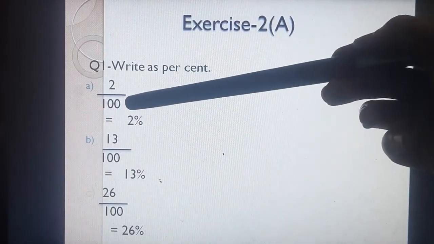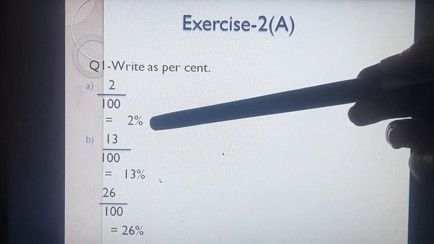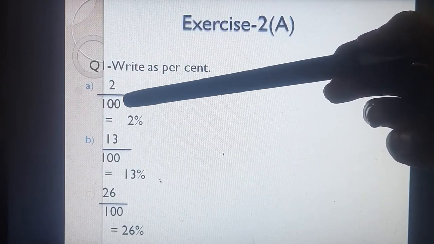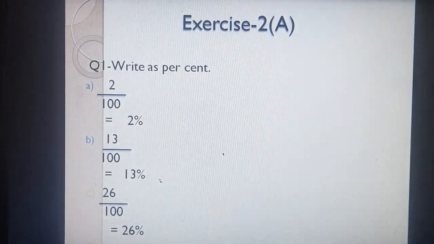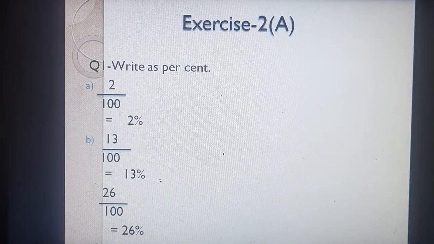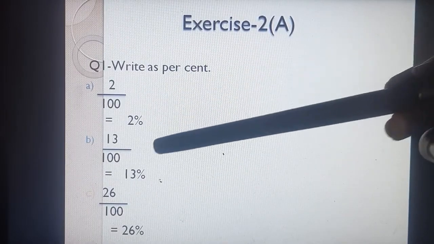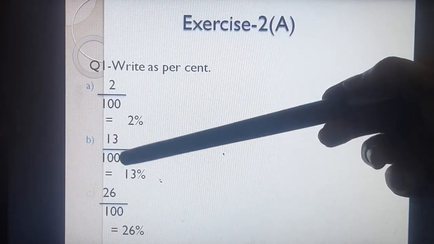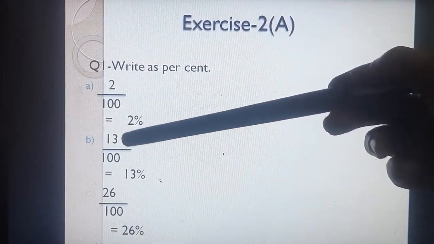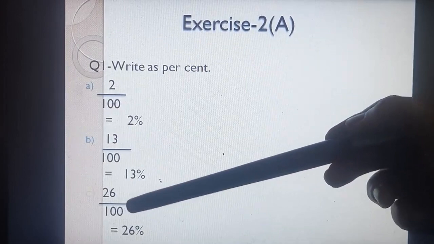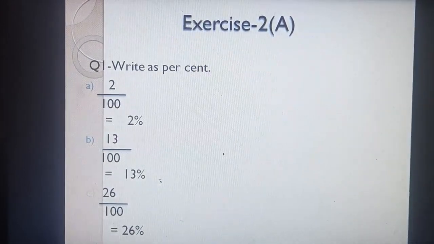If we are getting 100, we will put directly percentage sign. And if we are not getting 100 as a denominator, so we will make 100 in denominator. अगर हमें percentage का sign लगाना है तो हमें denominator में 100 चाहिए. Understood? B part 13 upon 100. So it is 13%. 26 upon 100. 26%.